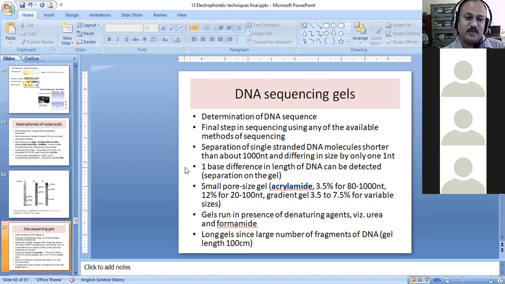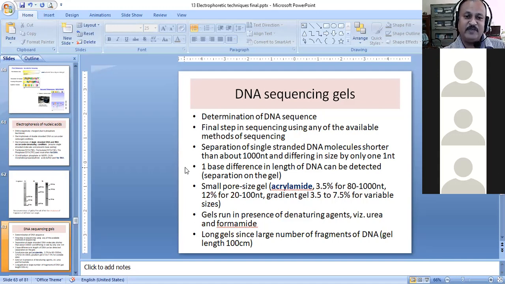Now what we do is we run these DNA molecules on the gel, electrophoretic gel, for separating. We are separating all the different types of molecules based upon the size of the molecules, right? What we are expecting is that the minimum distance between any two sequences of DNA is just one nucleotide.